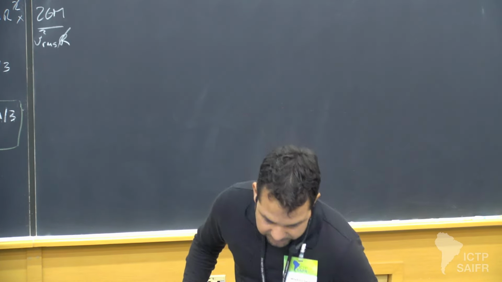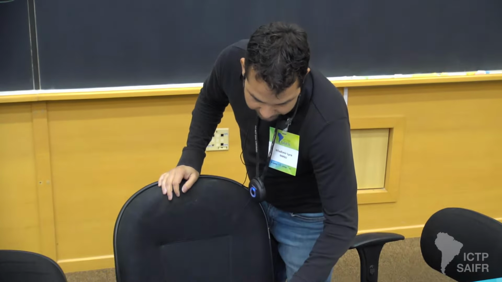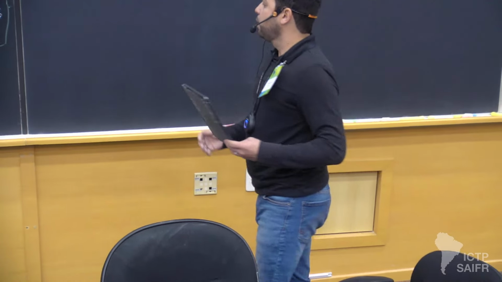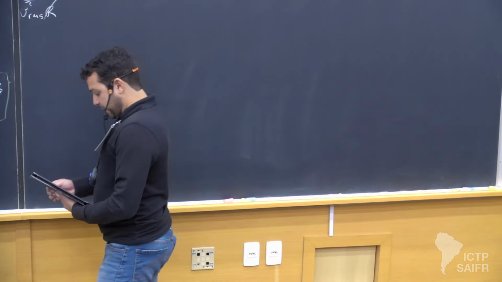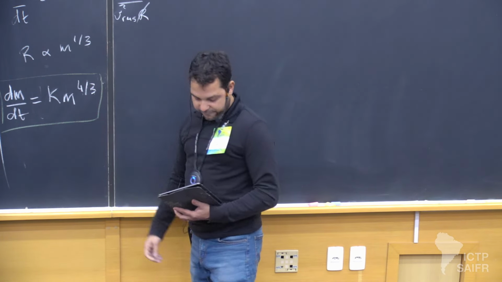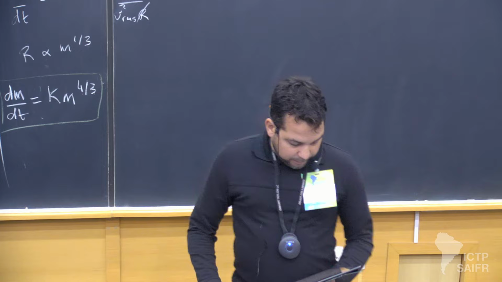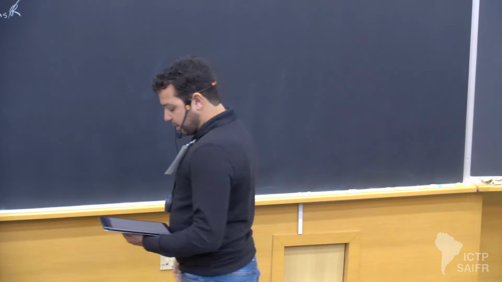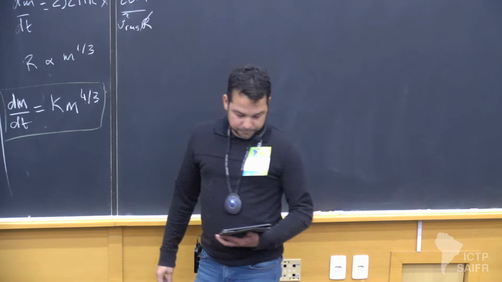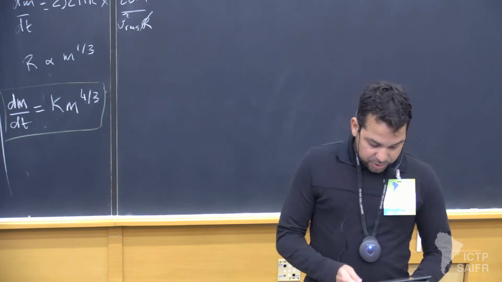So if you have this, you find that planets should be growing at a fast pace. Right? M here to the power of 4/3. That means that a planet will attain an infinite mass at a finite time. Right? This is a near exponential growth.